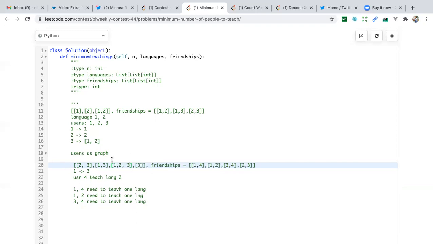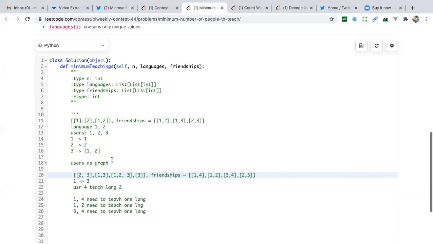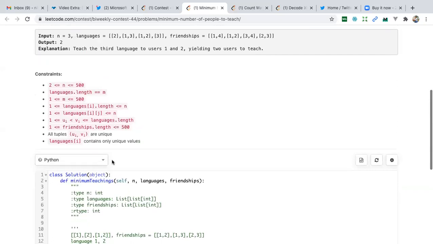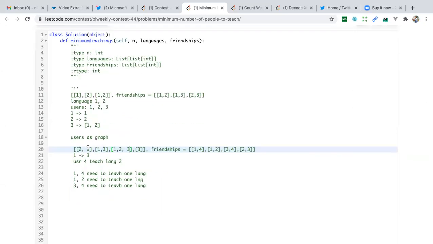So everyone can speak language 3. Okay. So the answer should be 2. And how many 3s did we insert? 1, 2. Yeah, answer should be 2. Okay, now I got the answer.